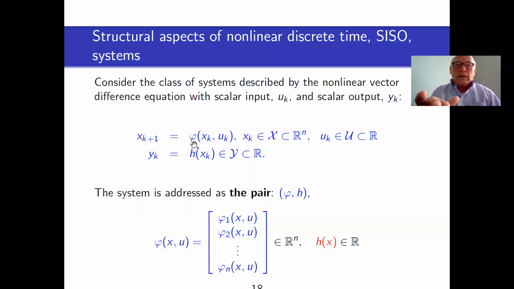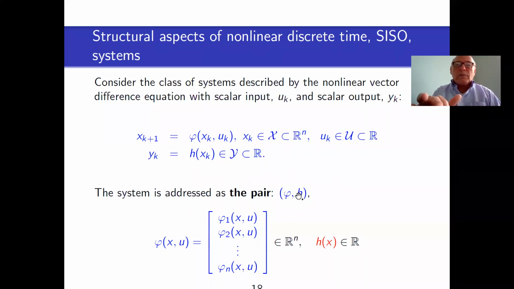The nonlinear map producing the next state is of this form. We will assume that this nonlinear map is sufficiently well behaved. In order to simplify and not have to write these two equations every time we mention them, we will refer to this system as a pair: the nonlinear next state map and the output map.